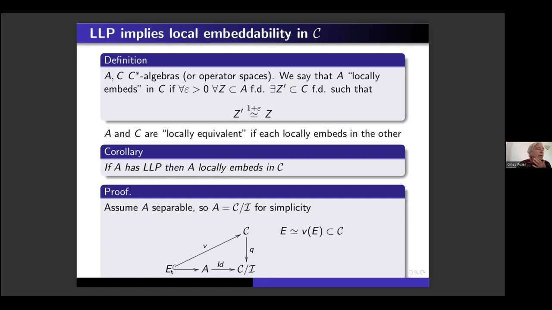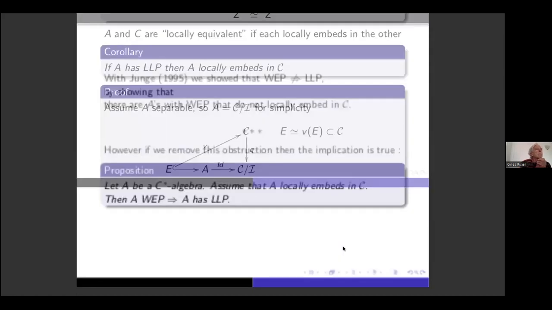And so that V embeds E into C. I have the subspace V of E, which is a copy of E. And if you trace back the maps, since V is a complete contraction and Q is a star homomorphism that has completely bounded norm 1, that new subspace V of E inside C is in fact 1 plus epsilon isomorphic to the original space, with epsilon equals 0. But certainly it locally embeds in C.